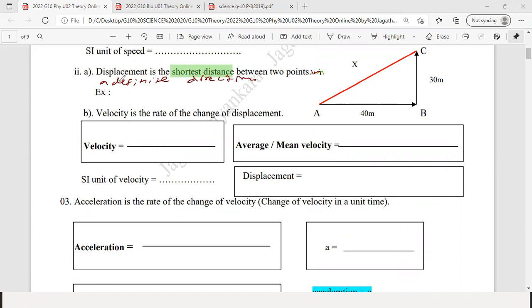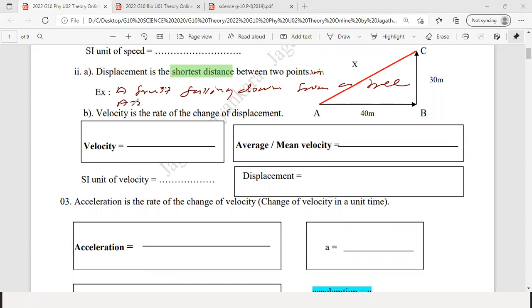In a definite direction. So you can write the examples for this one. Not a fruit falling from a tree without any other external influence. A fruit falling down from a tree. Then what else?